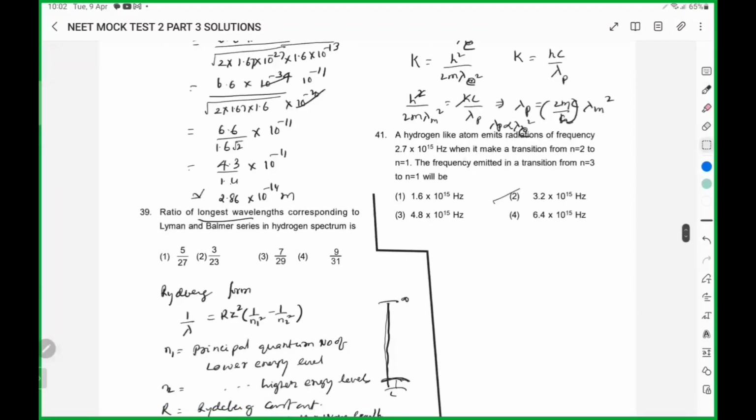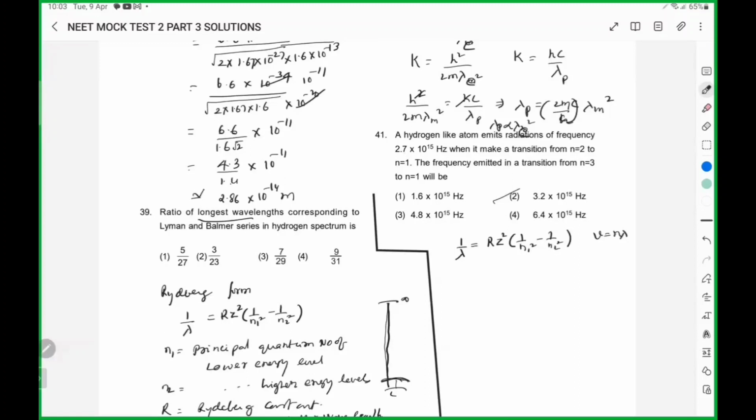Okay. A hydrogen-like atom emits radiation of a given frequency when it makes a transition from n equal to 2 to 1. What is the frequency emitted in the transition from n equal to 3 to 1? So here 1 by lambda is R Z square into 1 by n1 square minus 1 by n2 square, the Rydberg formula.